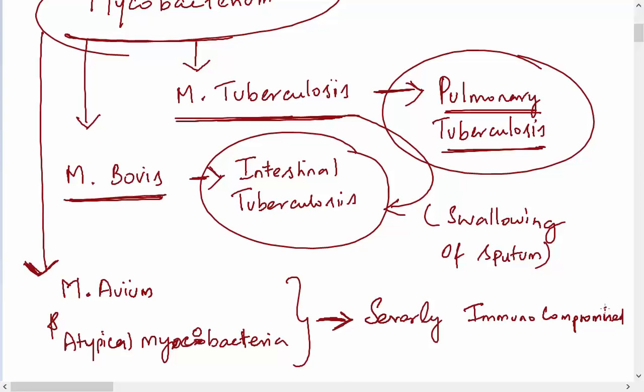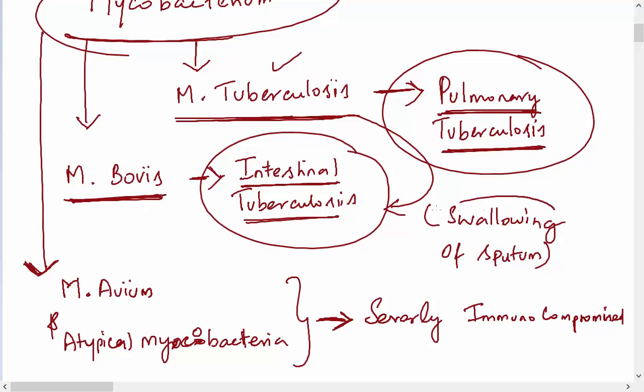Where they enter, they will infect. There are three types of mycobacterium, at least for your level you should know. One is Mycobacterium tuberculosis, which infects the lung primarily. It is pulmonary tuberculosis. Another is Mycobacterium bovis, which usually infects the intestine because it comes from milk, and if you unpasteurize the milk, you will not get this mycobacterium.